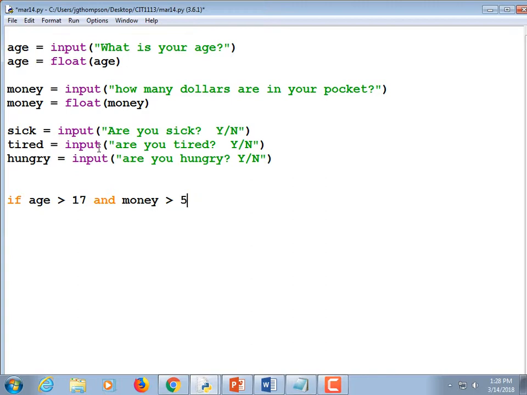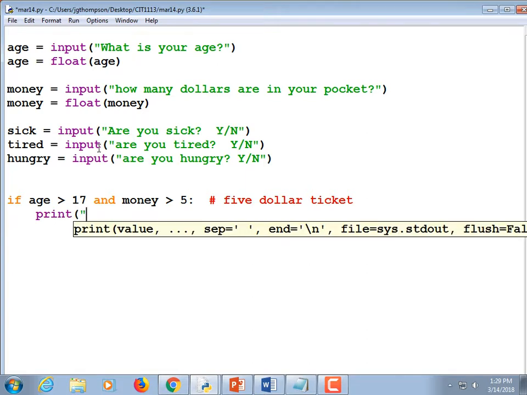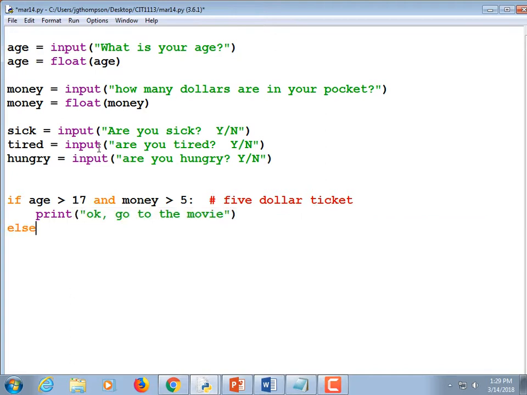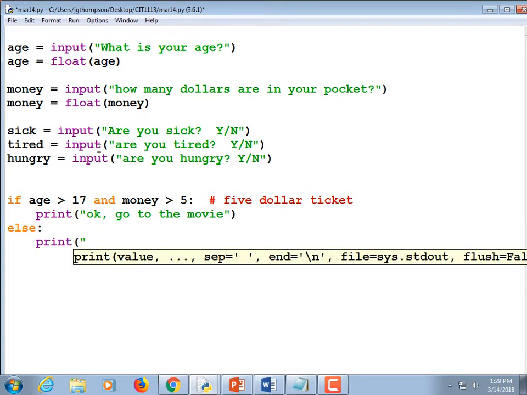And let's say $5. This is a $5 ticket. Then print, okay, go to the movie. Else, print, no movie for you.